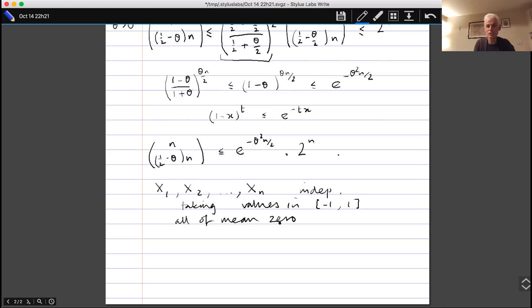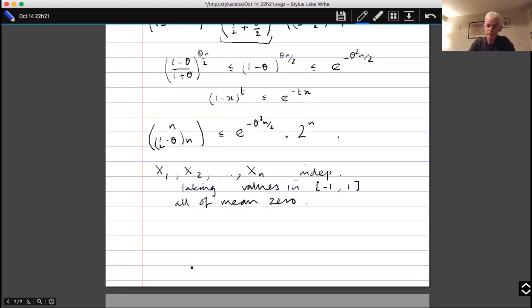Everything I'm writing here can be generalized, but this is the form that I want to deal with because that's all I'm going to need in this course. And once I've shown you the proof technique, you'll be able to generalize it if you need to.